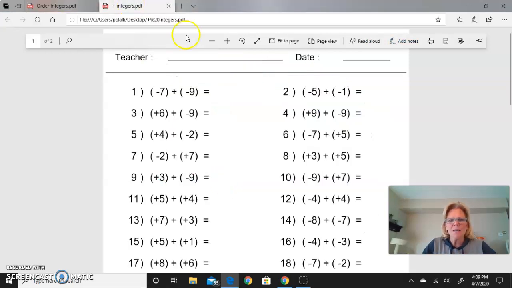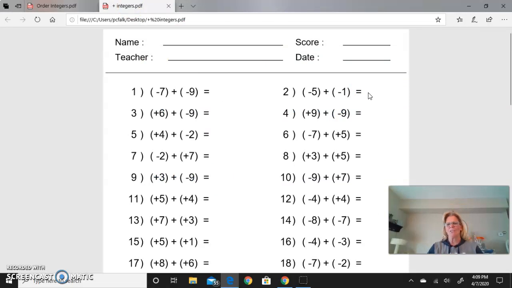Okay, now the other thing I wanted to talk about was adding integers. And a couple different ways to think about this. If you think about that number line, right, you're at 0.